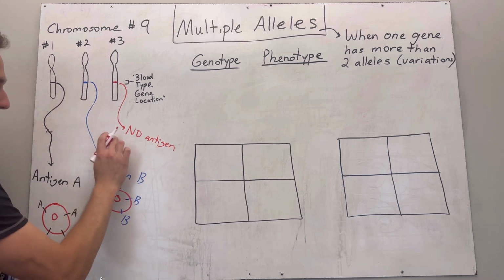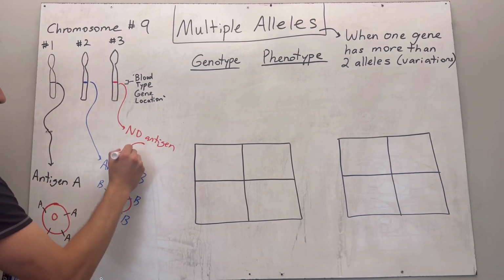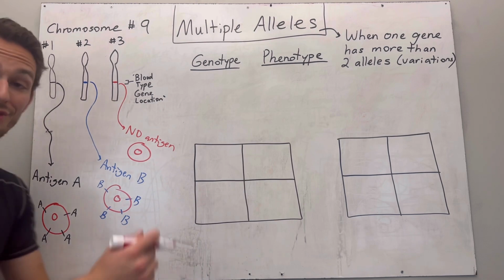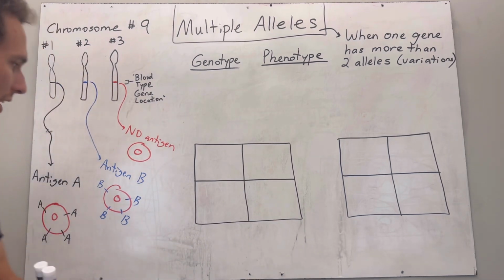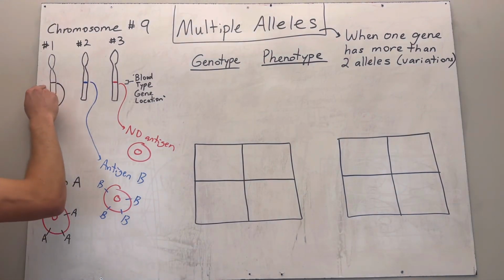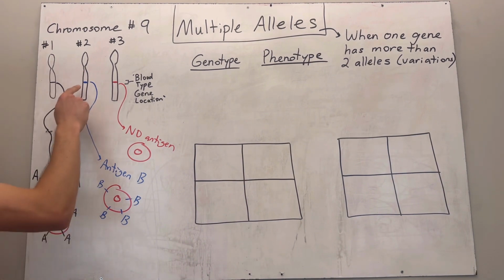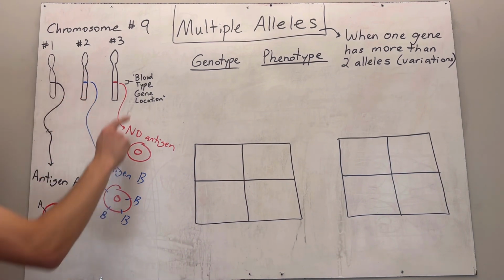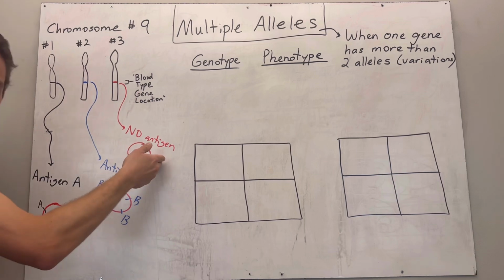So if you have the red, you are going to have a red blood cell with no flags. So there we have it. We have an allele coding for A protein, we have an allele coding for B protein, and we have an allele that doesn't code for a protein, so the lack thereof.